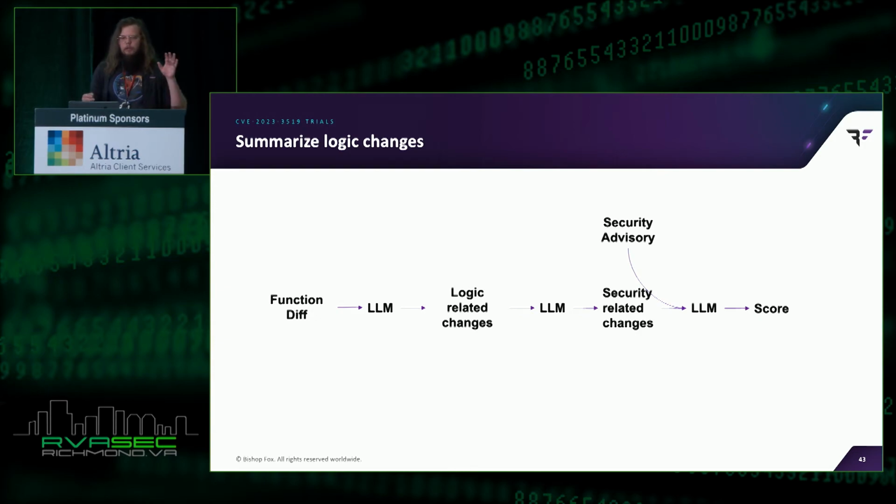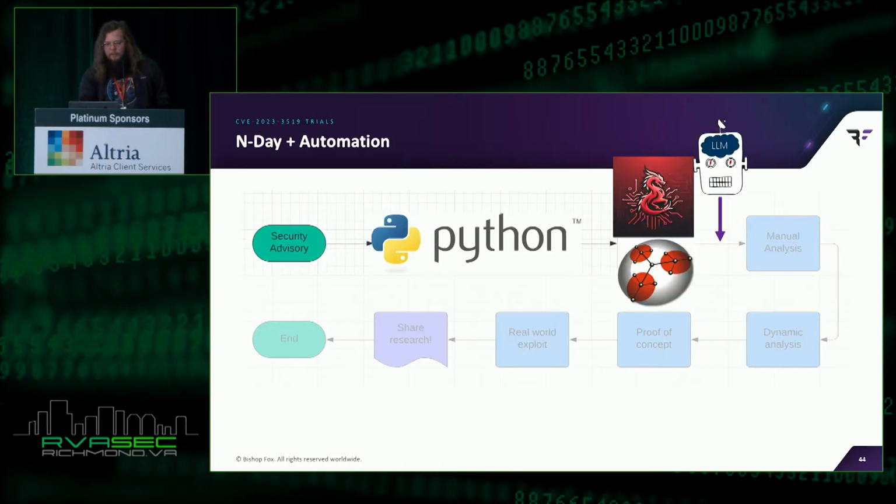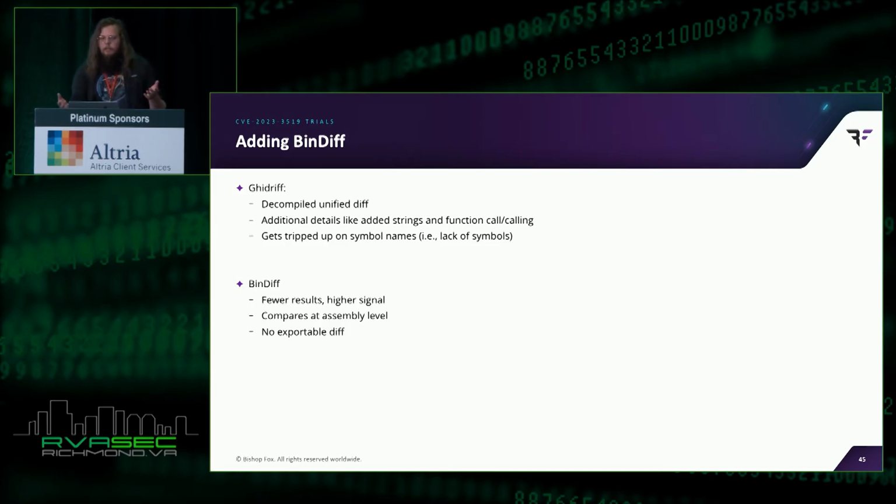And so we switch to having it summarize the logic-related changes at the beginning, and then try to see if any of those changes in logic are related to security, and then if any of those security things are related to our advisory. We also added BinDiff results and GGDiff results together because they do find different functions as modified.